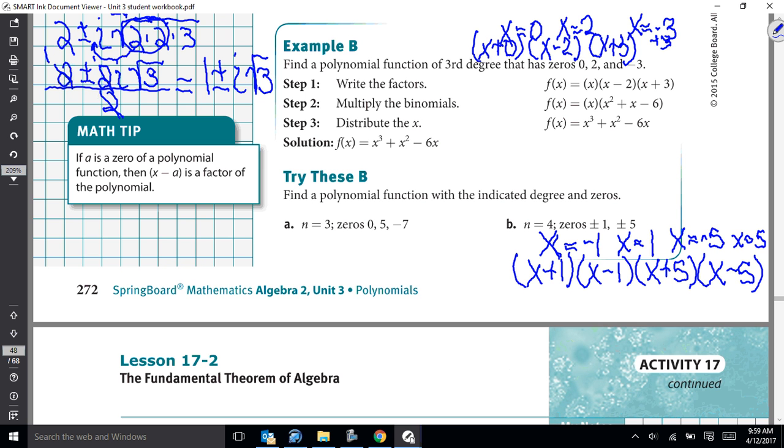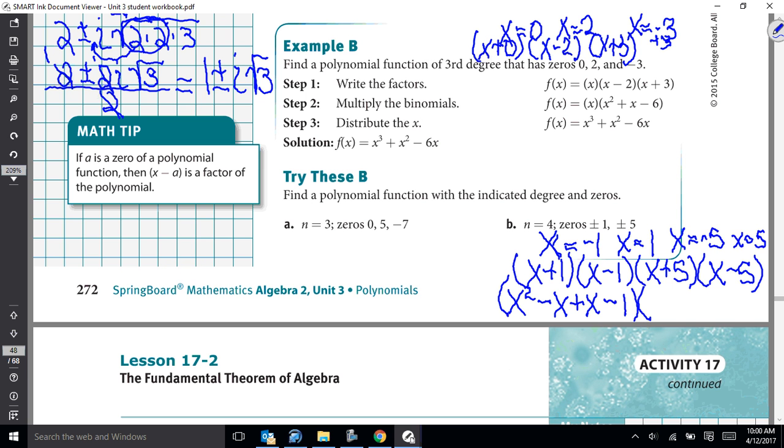So when we FOIL this, we have x times x, which is x squared. x times -1, -x. Isn't there an x squared in there?